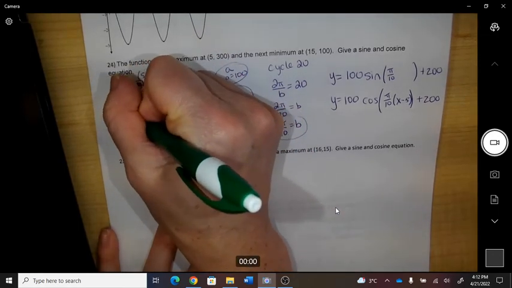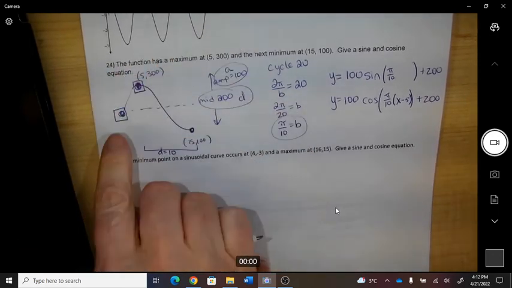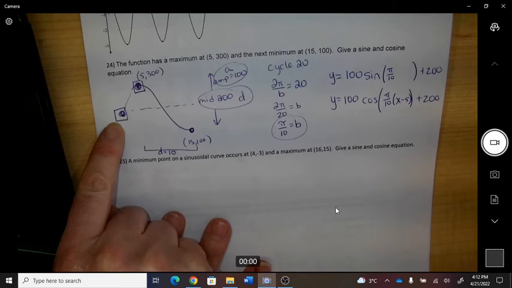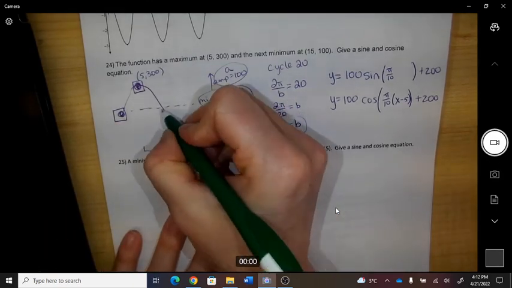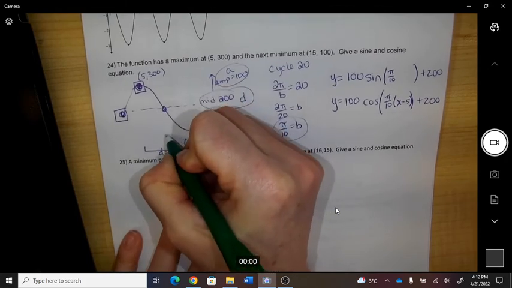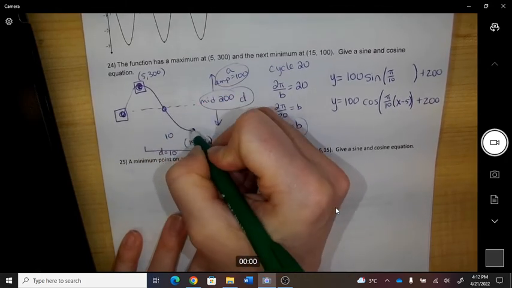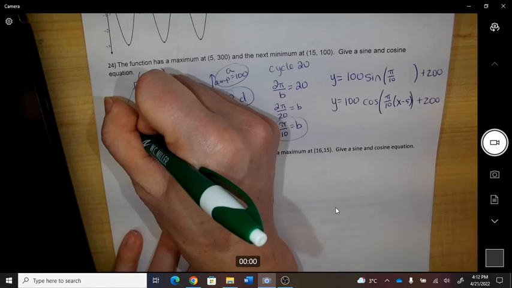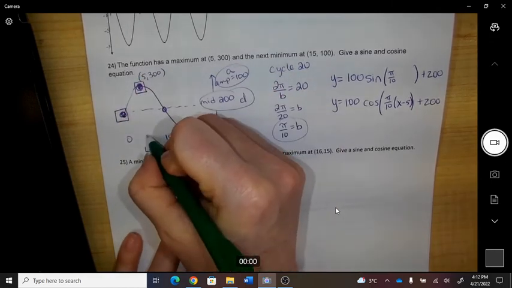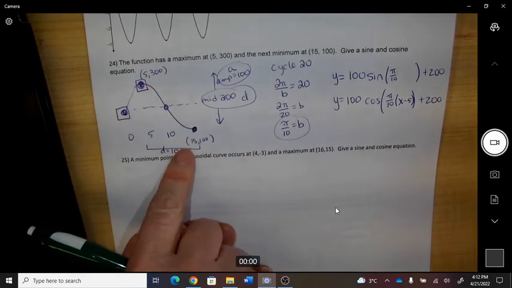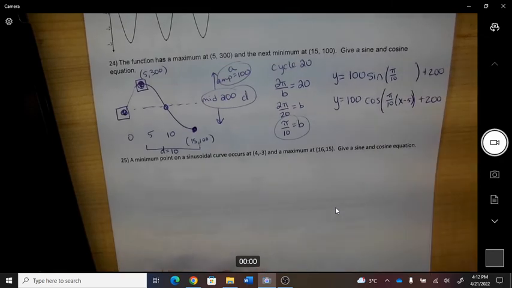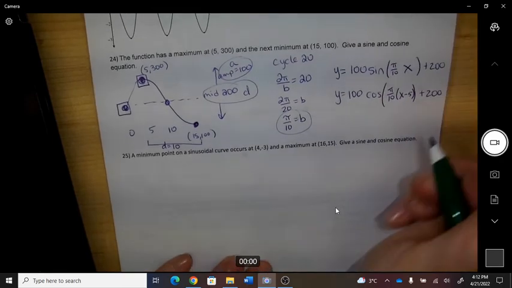So this would be a sine. So I actually need to understand what the x value is there. So if this is 15, this would be 10. So every 5. And then this would be 0. Okay, so now I don't need anything extra in here.